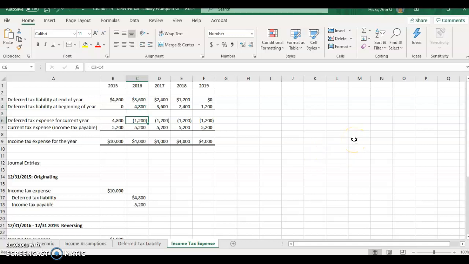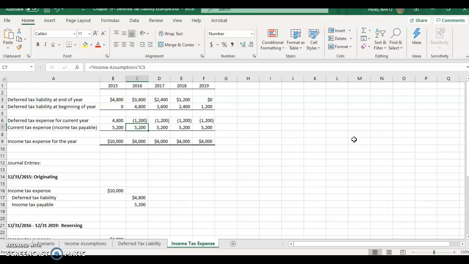That means that what happened was during 2016, $1,200 of that deferred tax liability reversed. So we're going to have to recognize or pay $1,200 to the IRS that we have already recognized as expense in our financial statements.